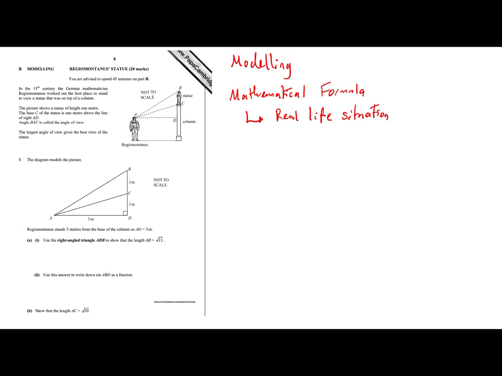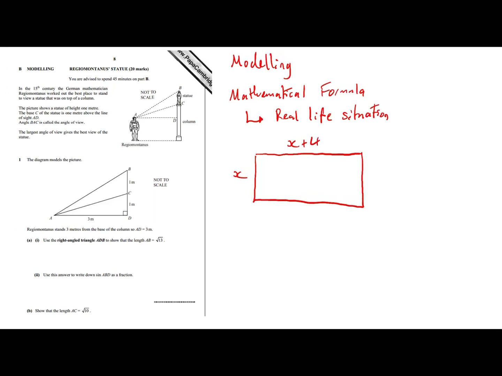So if I just give you a very, very simple mathematical model, perhaps you want to build a rectangular fence, and you want the width of it to be x, and you want the length of it to be 4 more than x.